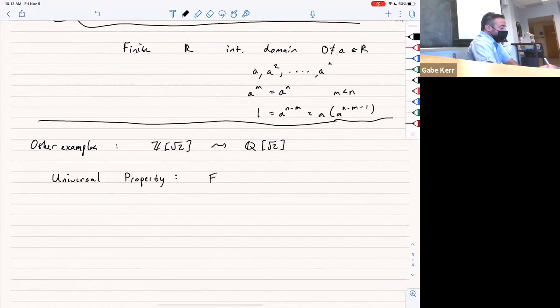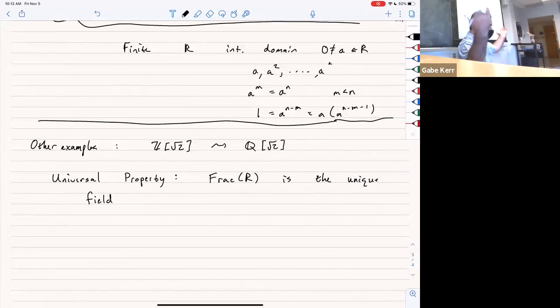So another way of explaining what the field of fractions of a ring is, this is the unique field. And when I say unique, it's unique up to isomorphism. In other words, you could maybe get 2 of them and label things differently, but there's an isomorphism.